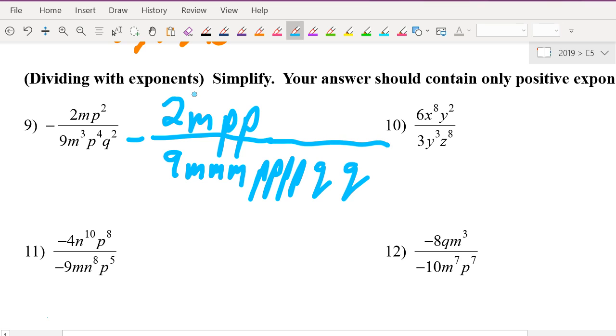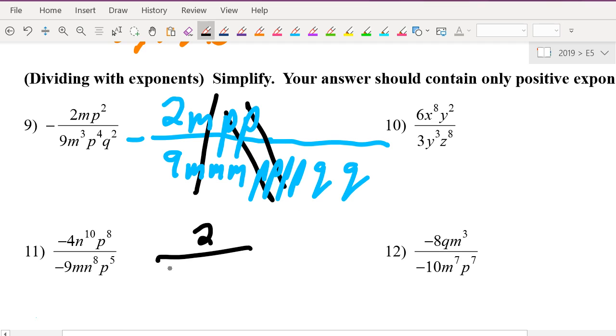So you're going to cancel out the P's, so you're going to end up with 2 of them, and then you're going to cancel out 1 M. Okay, so what do we end up with? 2 over 9M.